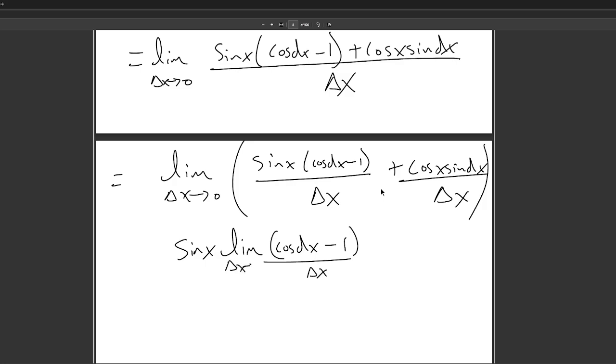Similarly, I'm going to pull out the cosine x here, and then the limit as delta x approaches 0 of sine dx over delta x. Good so far?